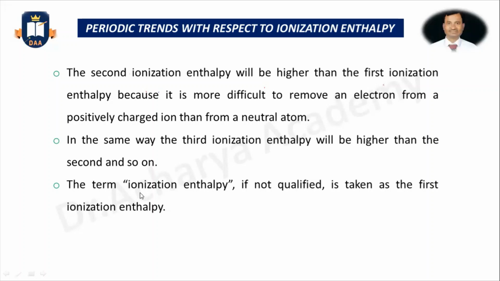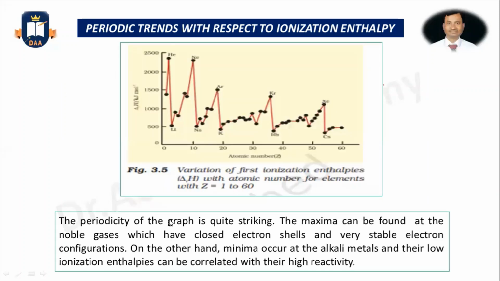So the term ionization enthalpy is taken as the first ionization enthalpy. That means if it is not mentioned as second or third ionization enthalpy, then we always consider ionization enthalpy to mean the first ionization enthalpy.